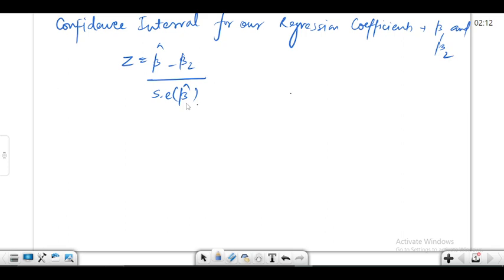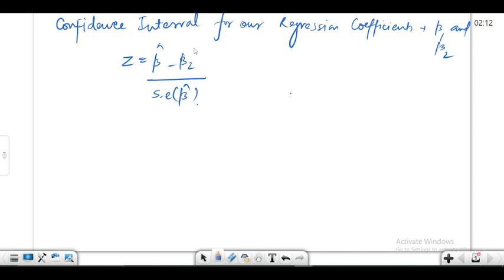So we'll create an interval, assign a level of significance, and based on that check the probability of my population parameter being a part of that confidence interval or range that we have created.